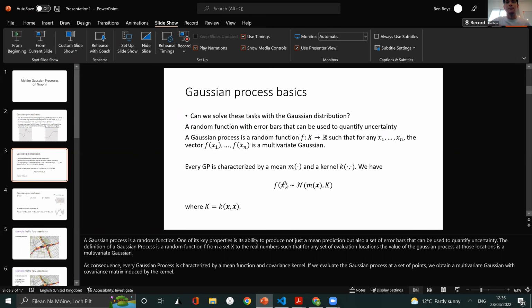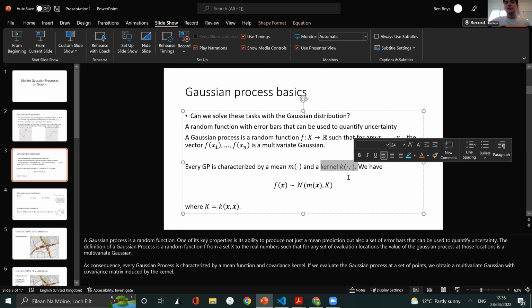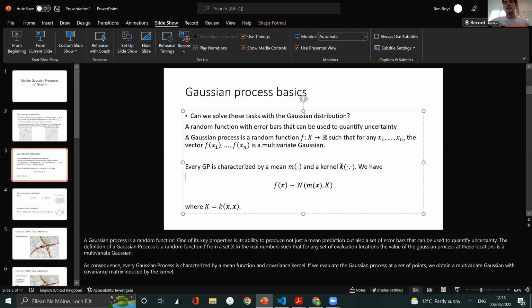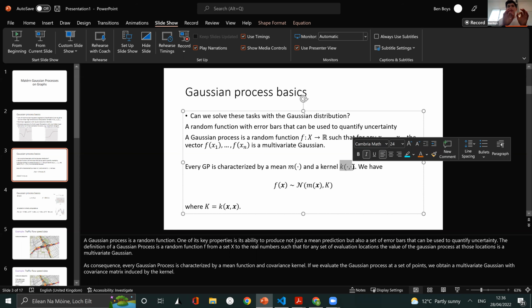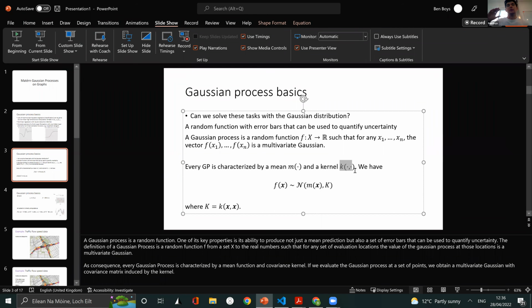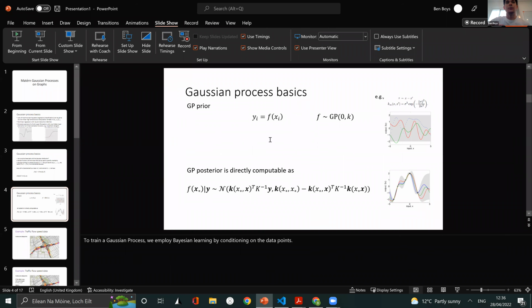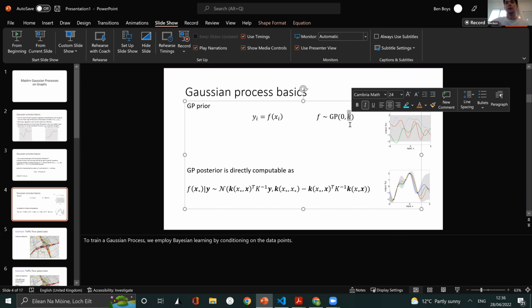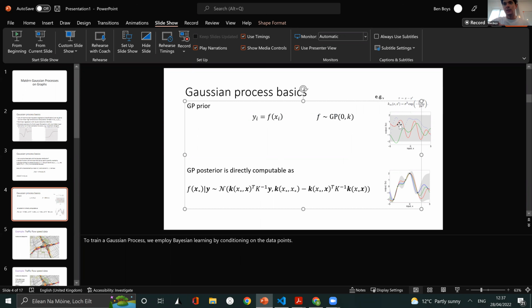And as a consequence, every Gaussian process is characterized by a mean function and a covariance kernel, K. And it's really the covariance kernel K which is the meat of the Gaussian process, because it allows you to condition on data points that you have and then ask questions such as what's the mean and uncertainty error bar around a new data point that you don't have and you want to make a prediction for. So you define a model which is completely or almost completely characterized by the covariance kernel. And that's a prior over functions.